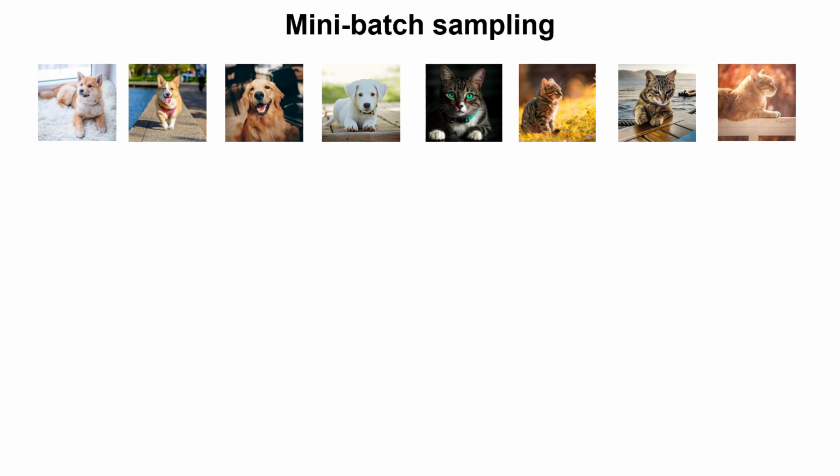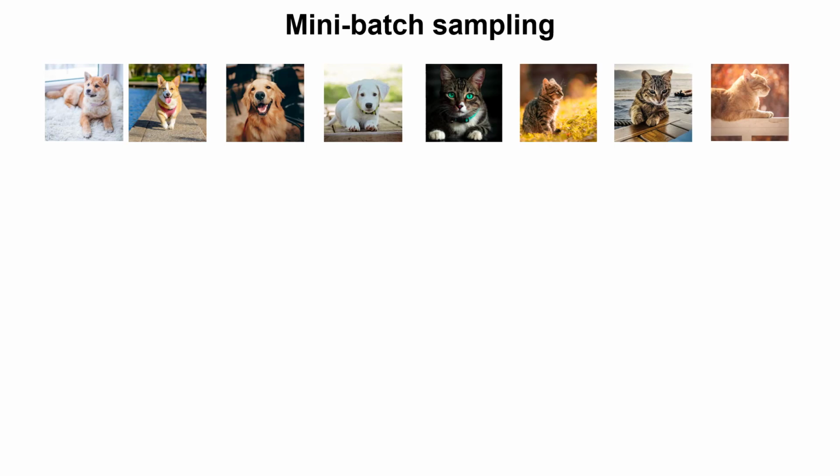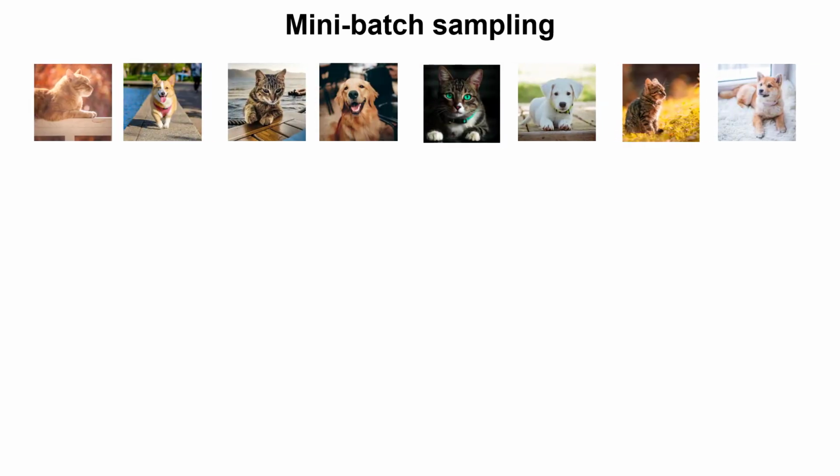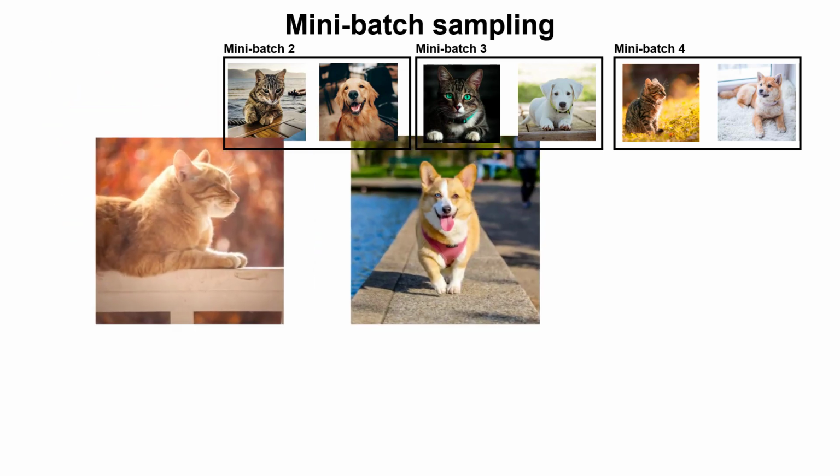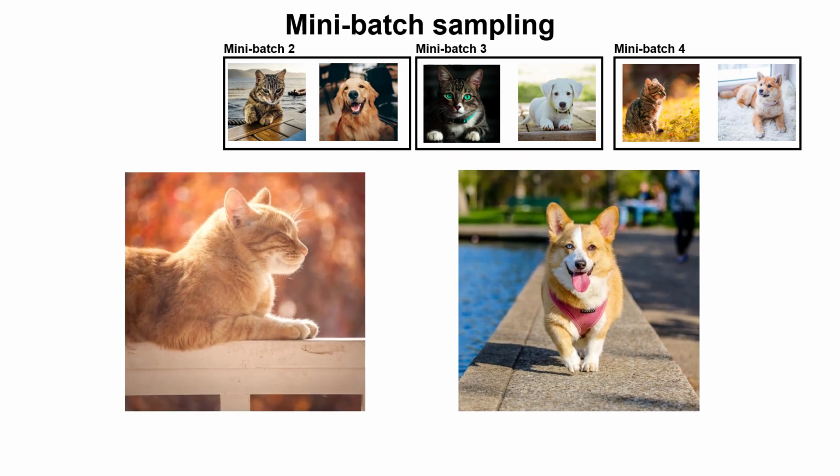Imagine we have these cat and dog images and we want to use these images for training. The first thing we do is shuffle them. Then we use every two of them for our mini batches. Note that the number 2 I chose for the size of the mini batch is not just for the sake of explanation, it is actually what is used in the paper. During training, of course, we select the first mini batch first.